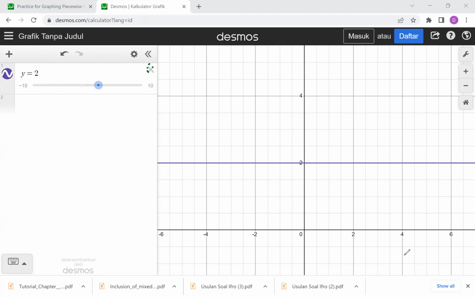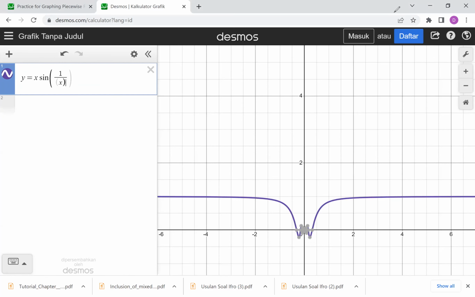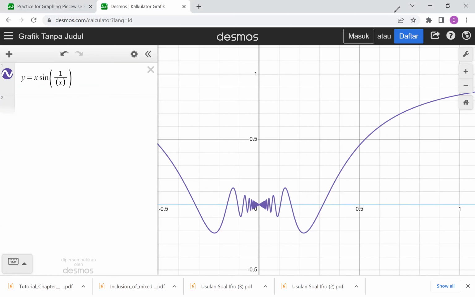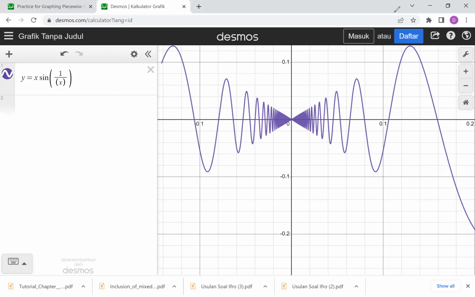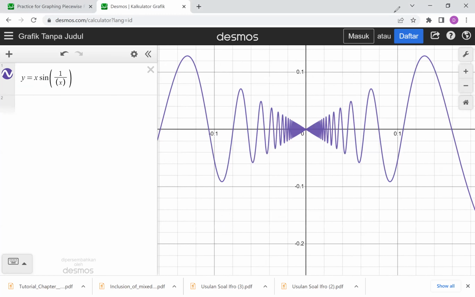For the first one, you may take, let's say, y equals x sine 1 over x. And the graph of the second one is sine 1 over x, I guess.